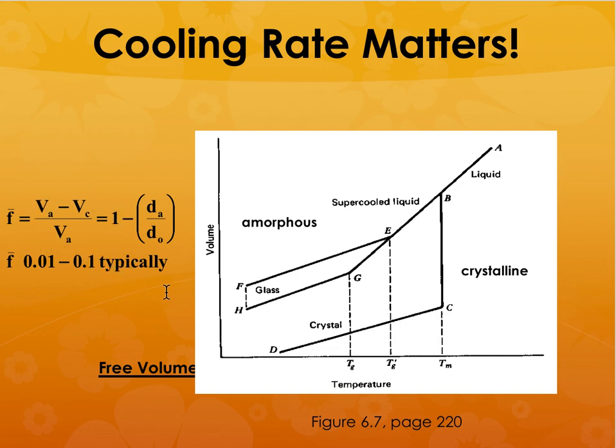Okay, and beyond the glass transition temperature, it is going to be all crystalline. But what will also happen is that there is something called free volume of these materials, and the free volume is defined by the percentage of amorphous structure minus percentage of the crystalline structure divided by the volume of the amorphous structure, or this will be the density of the amorphous structure divided by the density of the... it should actually say d subscript a divided by d subscript 0.